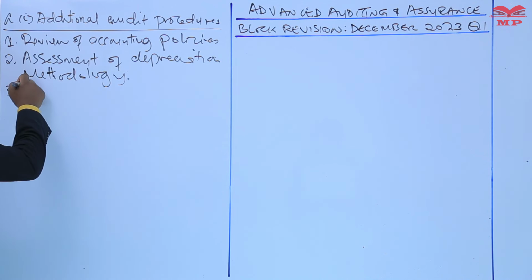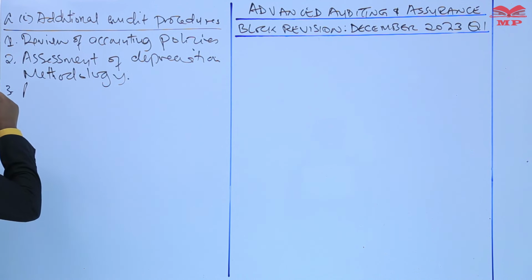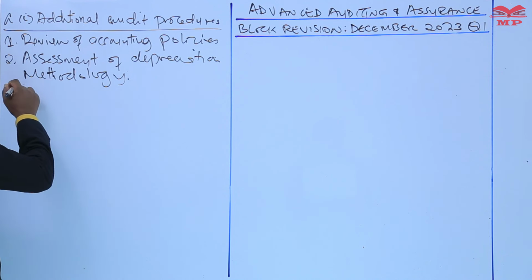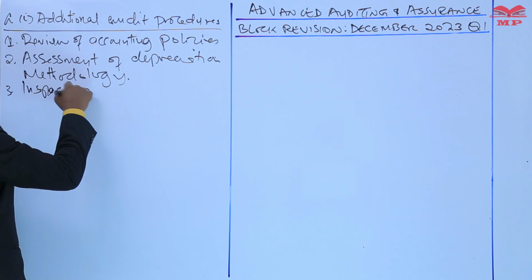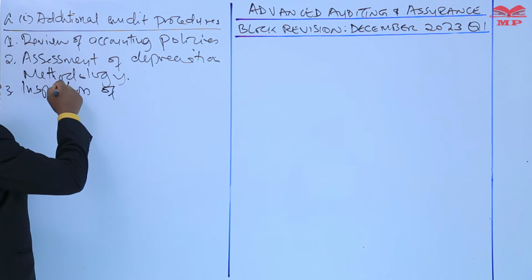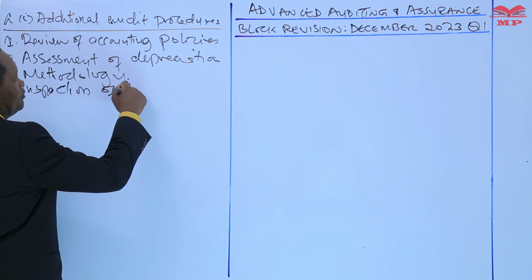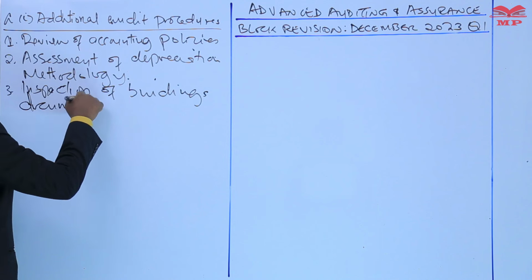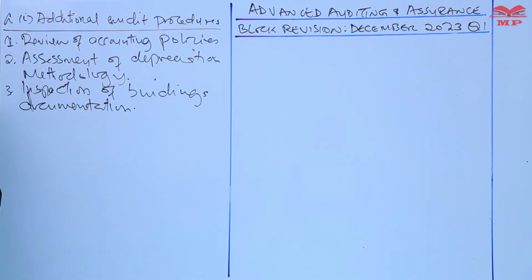3 is another audit procedure in relation to documentation. Inspection. The auditor should inspect the documentation related to buildings, inspection of building documentation.